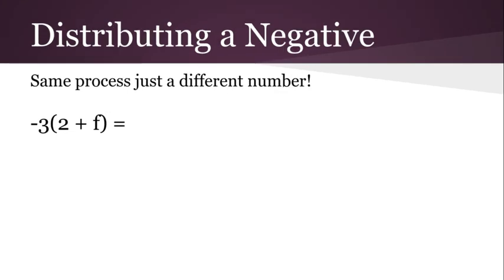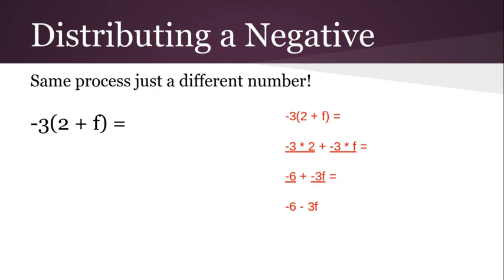And finally, we can often see distributing which includes a negative number. It's the same process, it's just negative. Here we see negative 3 times 2 plus f. We multiply negative 3 times 2, add to negative 3 times f.